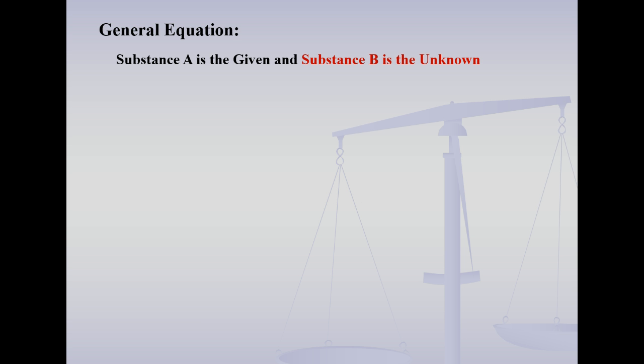Now, a general plan for stoichiometry problems: we're going to use substance A as our given, and substance B as the unknown. In the plan, we're going to start with the mass of A, which is in grams.